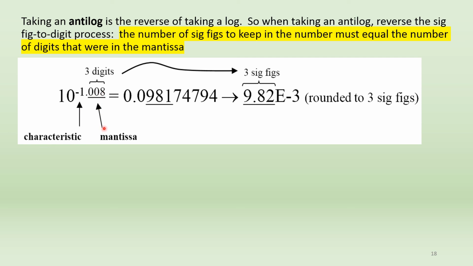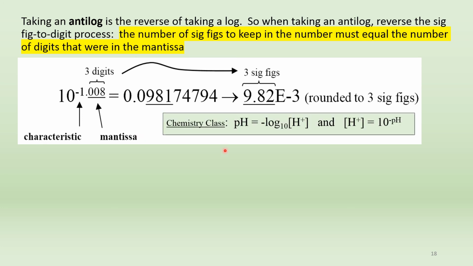We notice that there are 3 digits to the right of the decimal in the mantissa, and therefore we will carry 3 sig figs in the number that we generate from that. So the number of sig figs to keep in the number must be equal to the number of digits that were in the mantissa. Now in chemistry we use this.